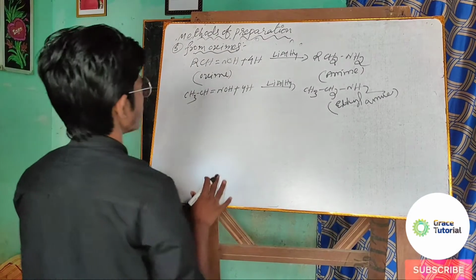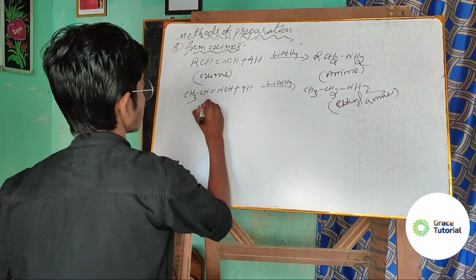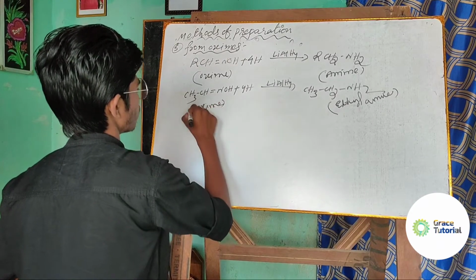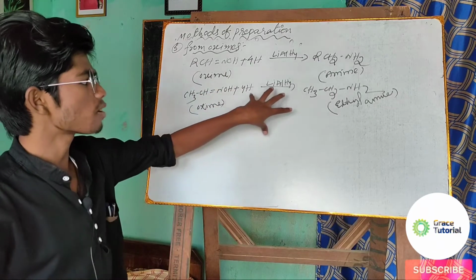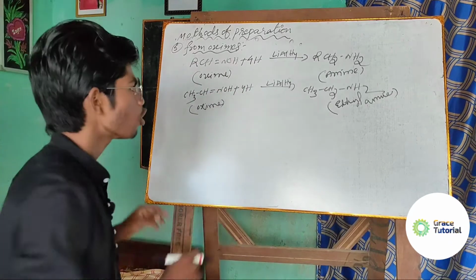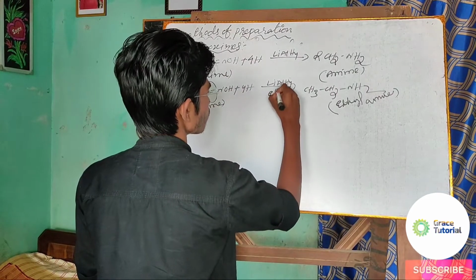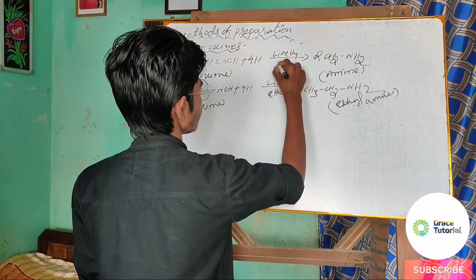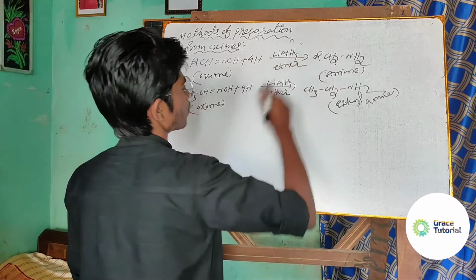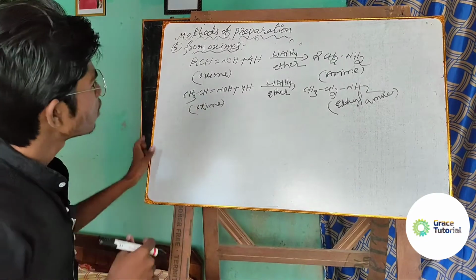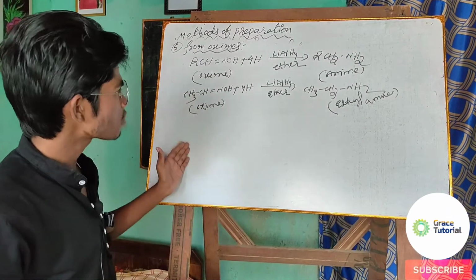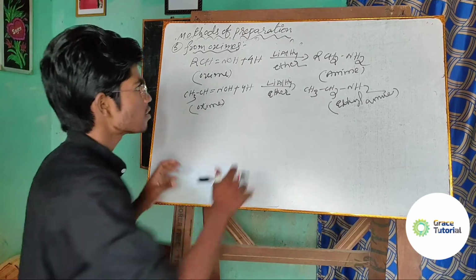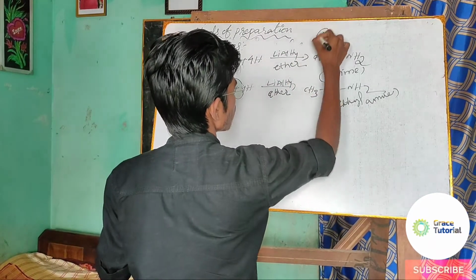And this is oxime. That means the oximes also get reduced in the presence of lithium aluminum hydride or ether. Then we get amines. This is the fifth method. So all the methods that I have shown you are about reduction.